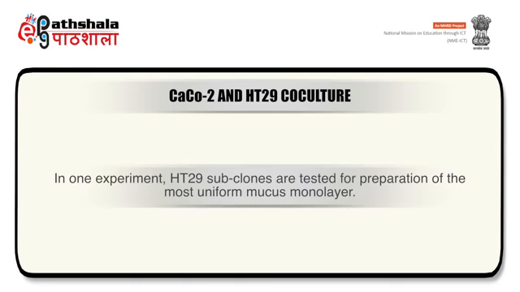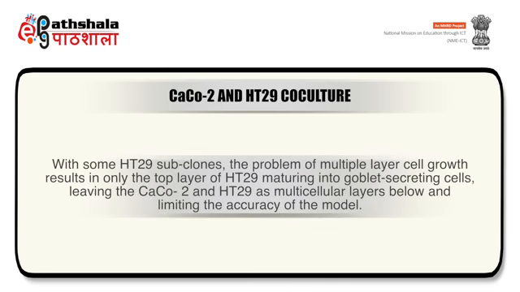In one experiment, HT29 subclones are tested for preparation of the most uniform mucus monolayer. With some HT29 subclones, the problem of multilayer cell growth results in only the top layer of HT29 maturing into goblet secreting cells, leaving the Caco-2 and HT29 as a multicellular layer and limiting the accuracy of the model.